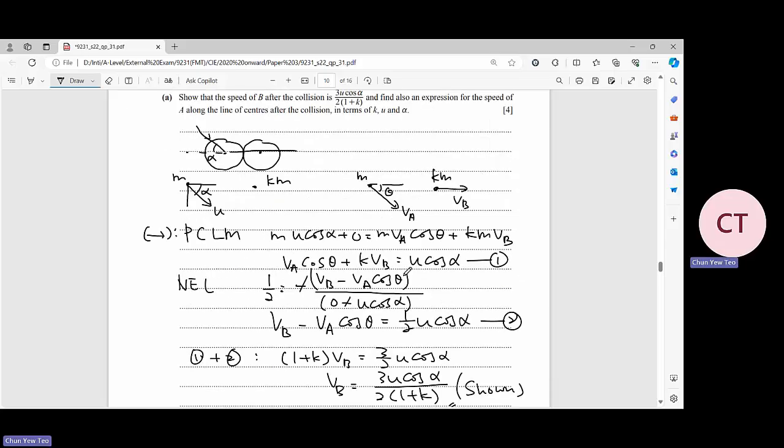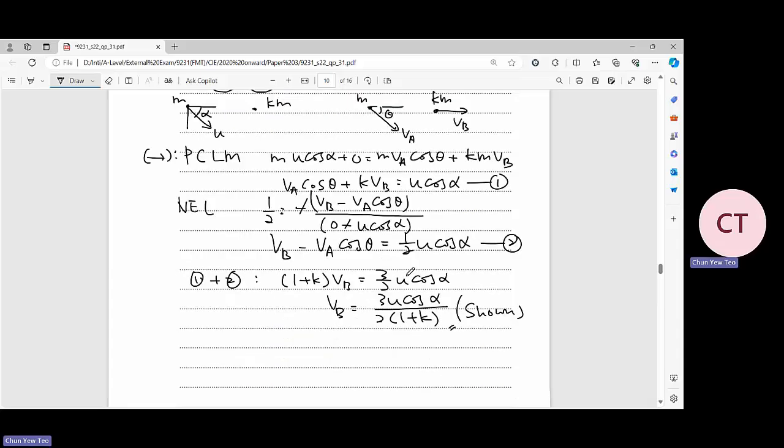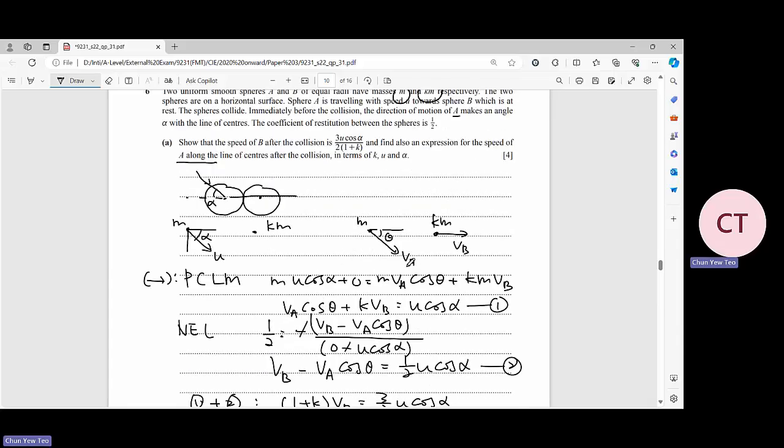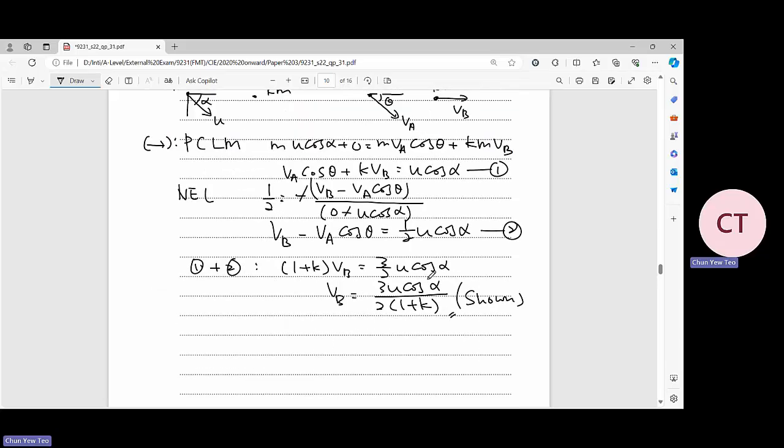But the question also wants you to find the speed of A after the collision. That means we want to find the component along the line of centers, va cos theta. So just put back into either equation 1 or equation 2. I put back into equation 2. Then I get va cos theta equals vb minus half of u cos alpha.